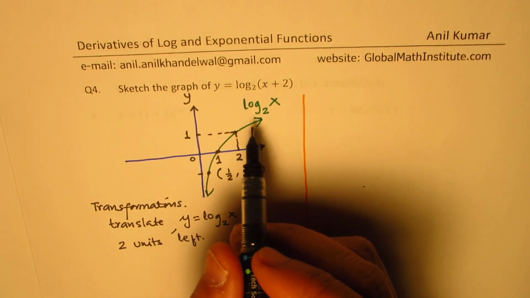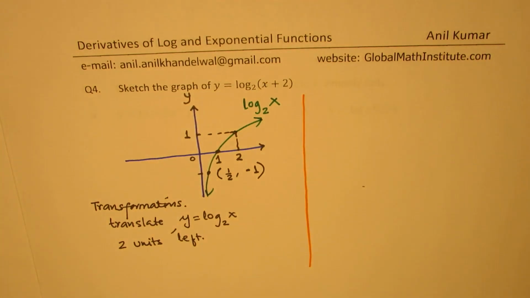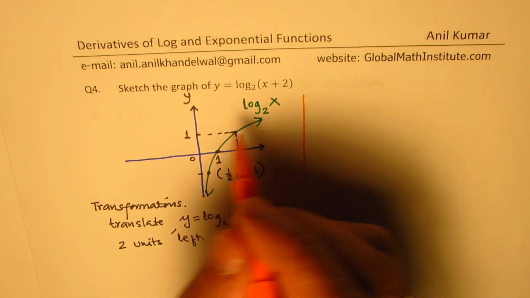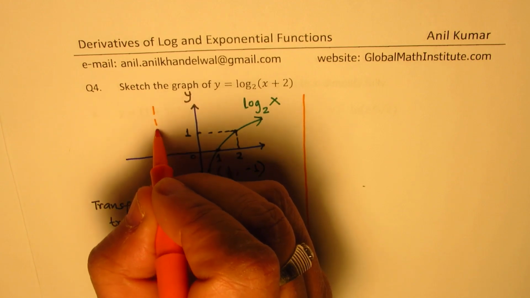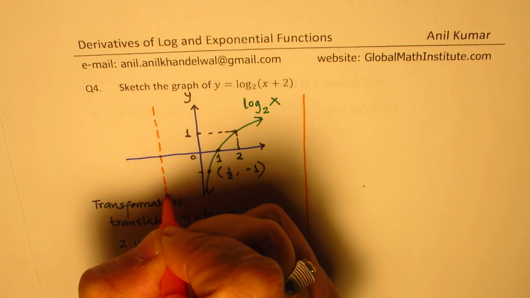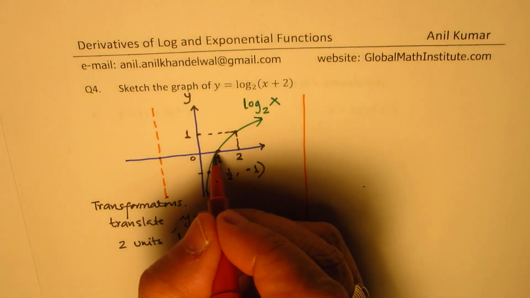Now what I'm doing here is translating the logarithmic function 2 units left. So the vertical asymptote will now move 2 positions this side, and each point will move 2 units.